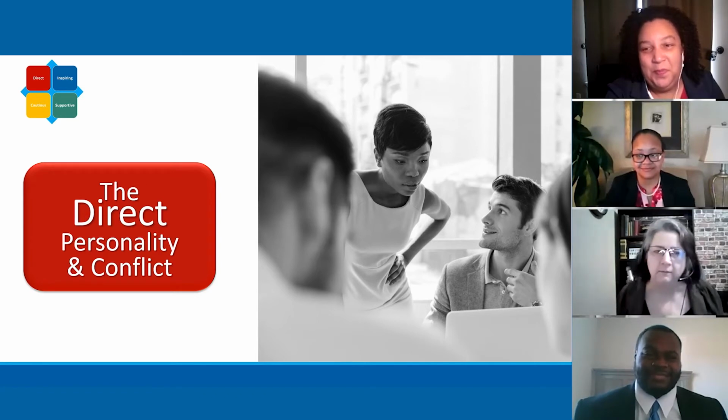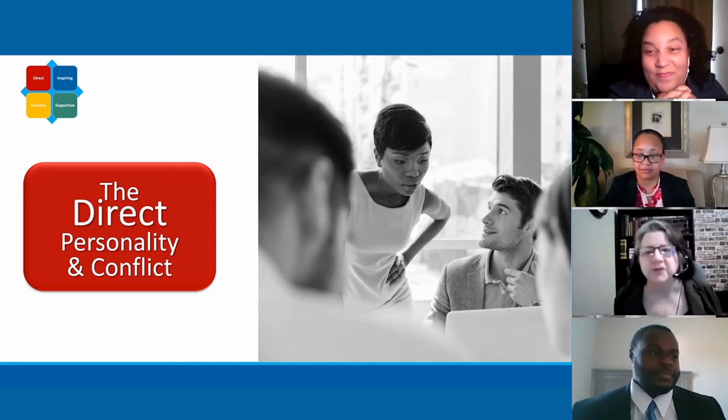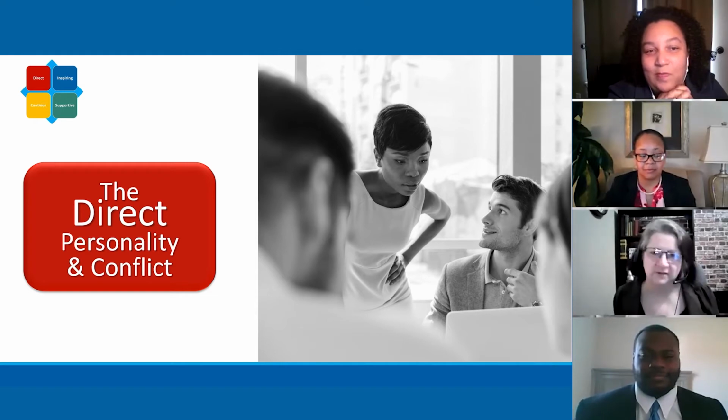We need to be willing to explain our decisions sometimes, because talking like we're talking to a child does not work. Saying "because I said so" is not so good with adults. So taking the time to explain the reasons for some of our decisions is a great thing that D's can do to work more effectively in conflict.